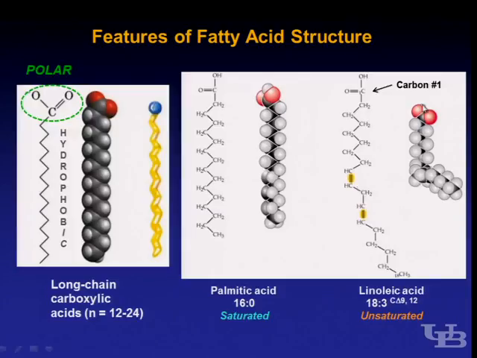The first carbon is here from the carboxylic acid group. So 1, 2, 3, 4, 5, 6, 7, 8, 9. So the 9th carbon is the one that there's a double bond, and it's always moving forward. So if you say number 9 there, you know the double bond is between 9 and 10.